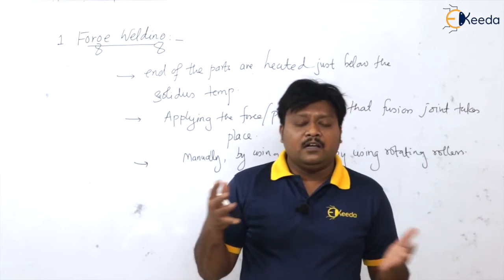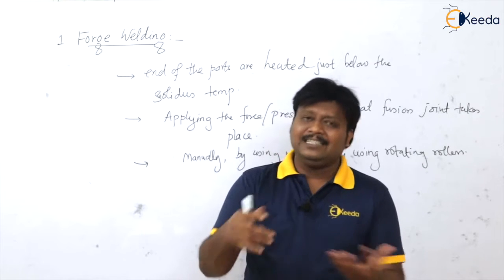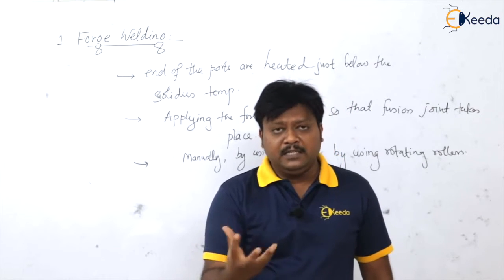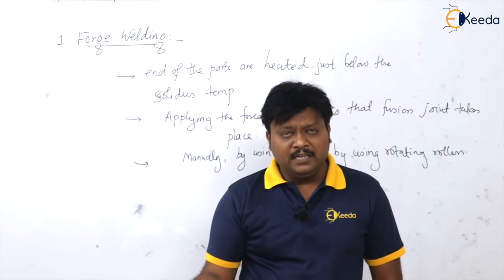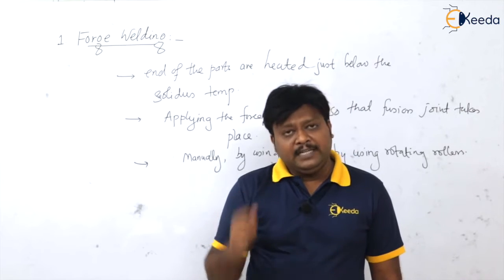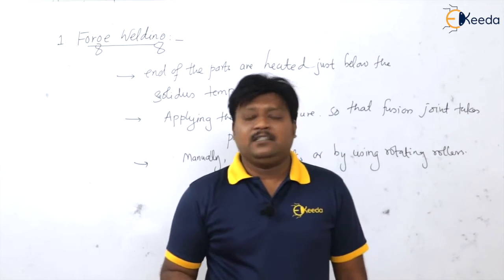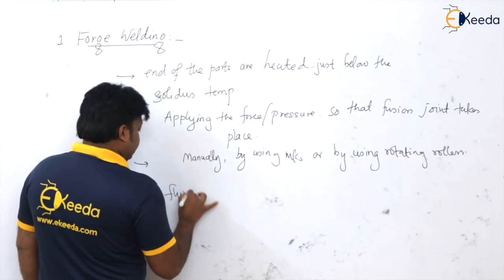When this red hot material is exposed to atmospheric oxygen, this layer forms on the metal and creates obstacles for the fusion of the joint. That is why it should be eliminated, and for that reason we use fluxes in this process.